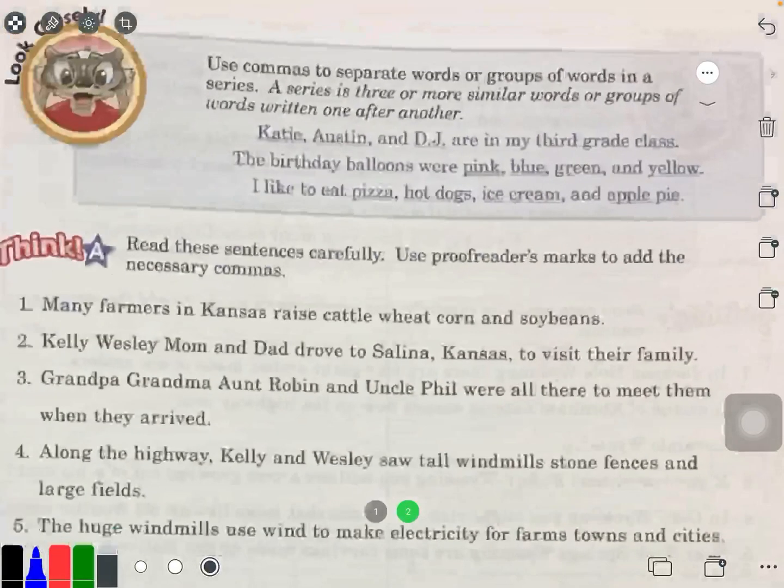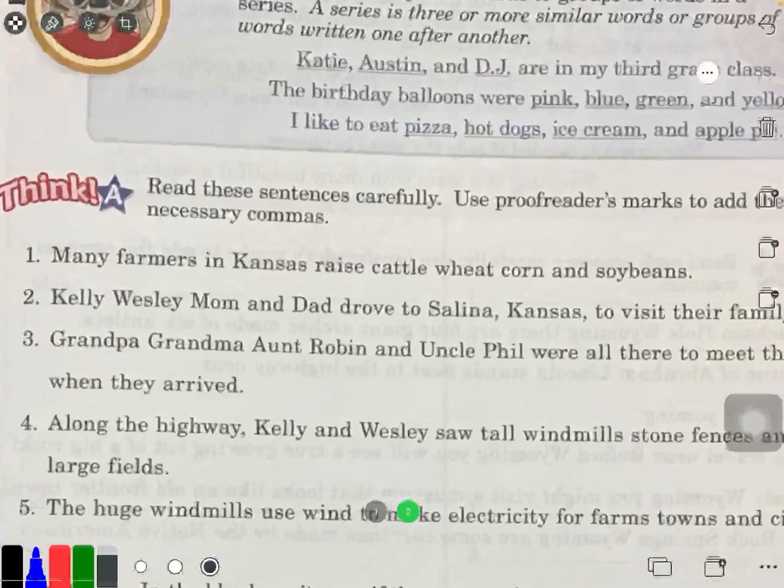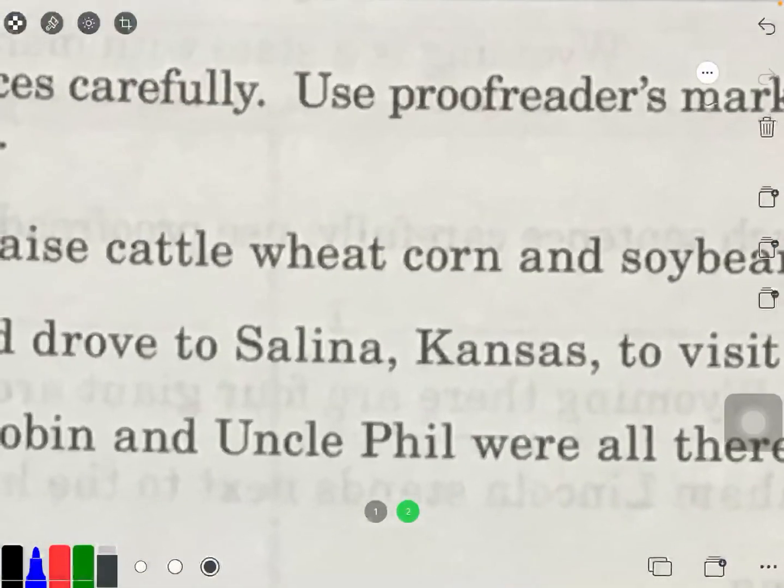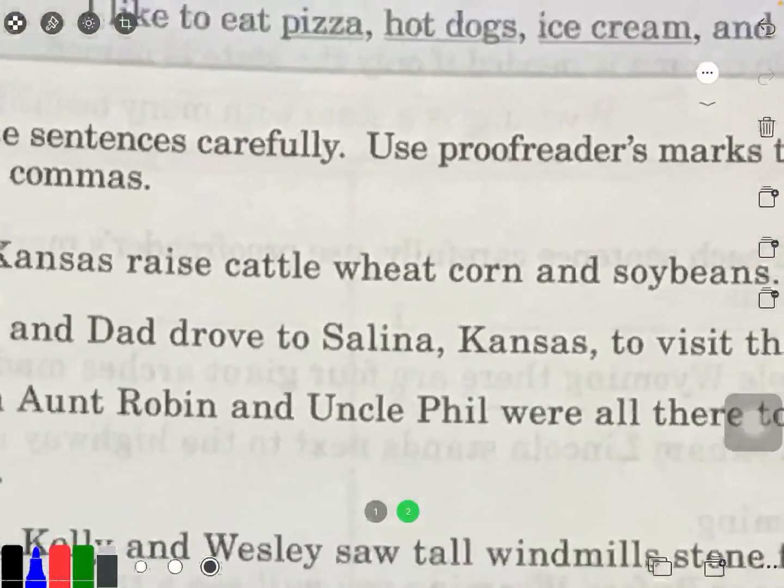So take a look at number 1. Let's use level 3 thinking because we're applying the rule to new sentences. That's what level 3 does. We're applying it. So many farmers in Kansas raise cattle, wheat, corn, and soybeans. If I didn't have the comma, I would think that wheat corn was one word. But wheat corn is not a word. It's not even a thing. They're listing it.